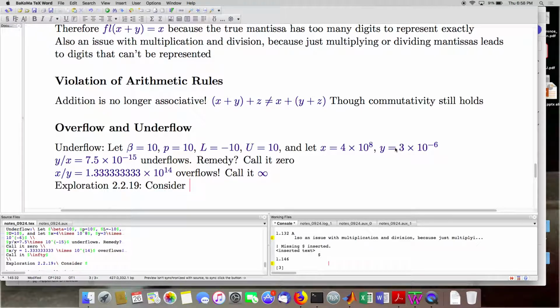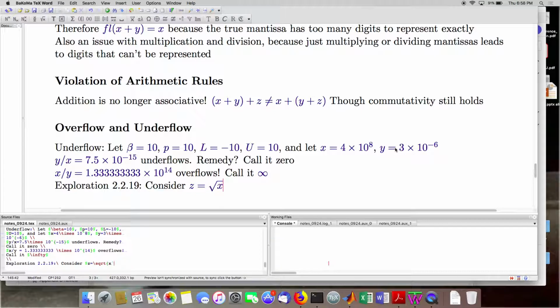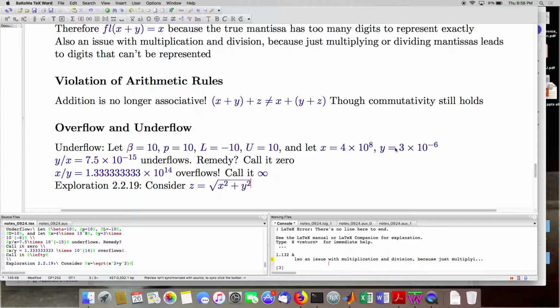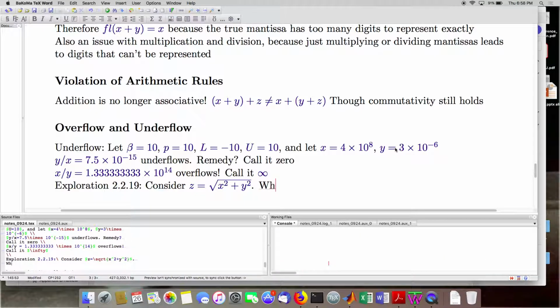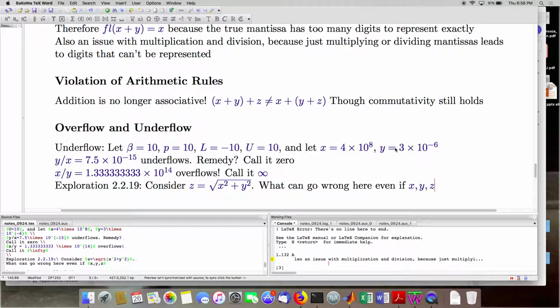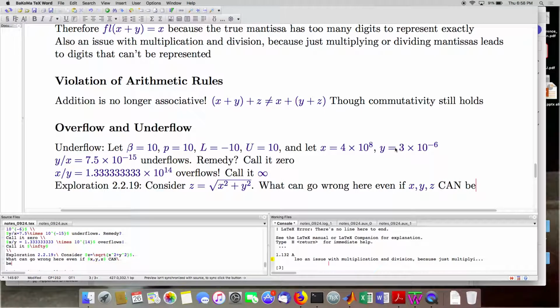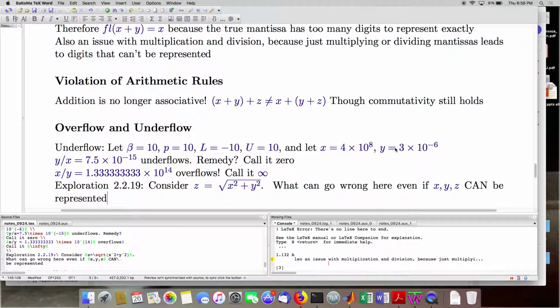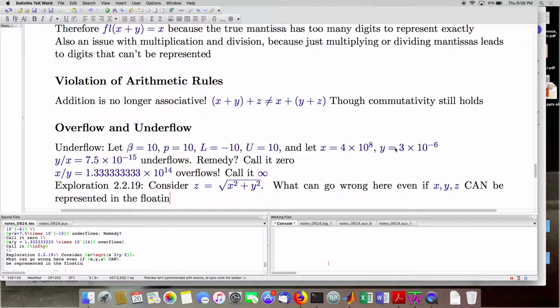So consider this expression: z equals the square root of x squared plus y squared. What can go wrong here, even if x, y, and z, all three numbers in this expression, can be represented in a floating point system?